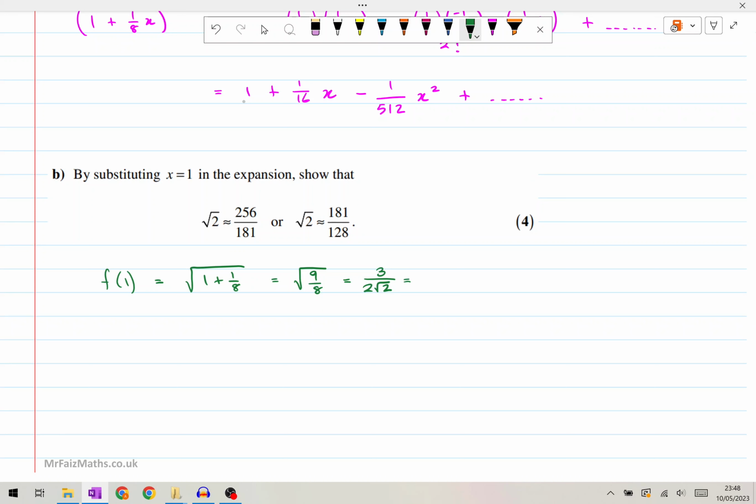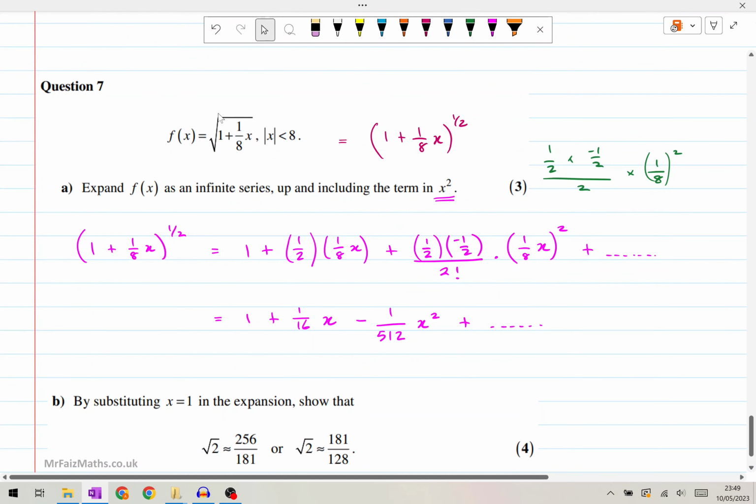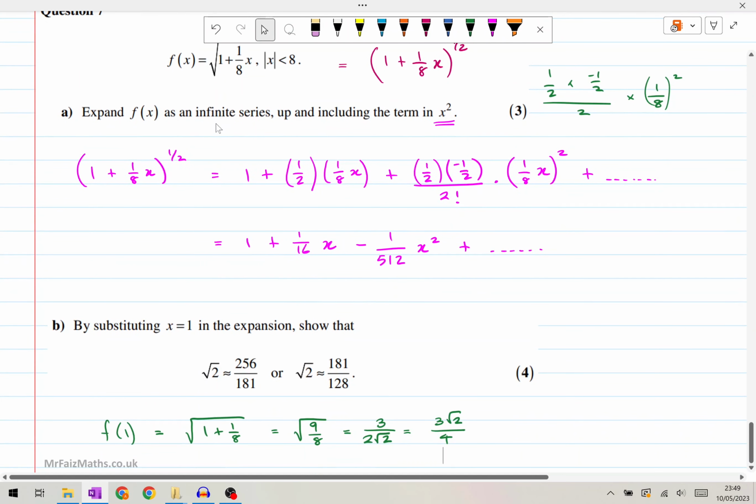If you type just this into the calculator, it will rationalize the denominator for you. In that case, what you will end up with is 3 root 2 over 4. So we know that f of 1 is equal to this. This is the exact value of this function, 3 root 2 over 4.